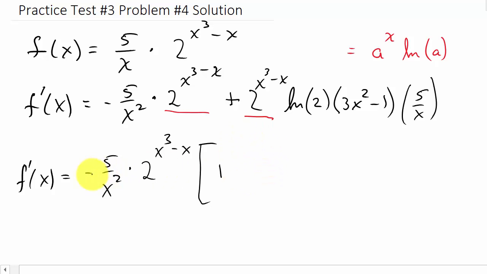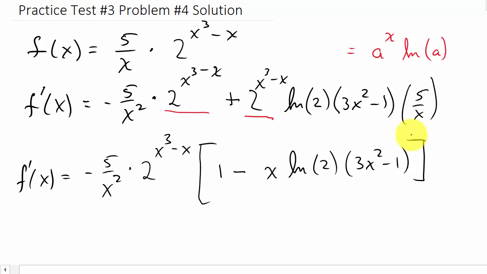And then since we factored out a negative, that's going to change this plus to a minus. Okay, and so then, well, this is gone because we factored it out, and then we would be left with x natural log 2 times 3x squared minus 1. Okay, now hopefully you can see where the x comes from.